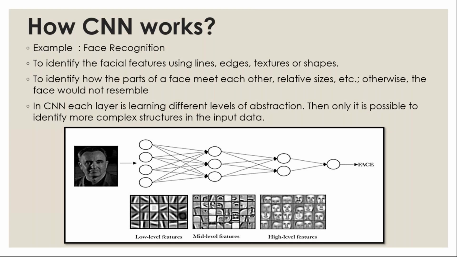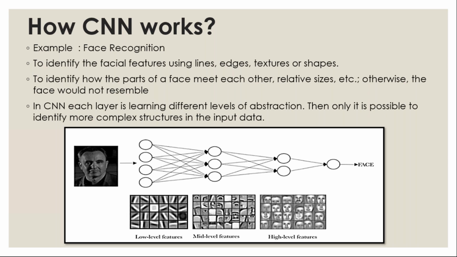Right. Then you give the input to another layer. These low level features I'm going to combine, and then I can get the exact features. That is the shape of the eye. Okay. And then the shape of the nose, and then the shape of the eyebrow. So all the low level features here you are going to combine, and then you can get the mid level features.